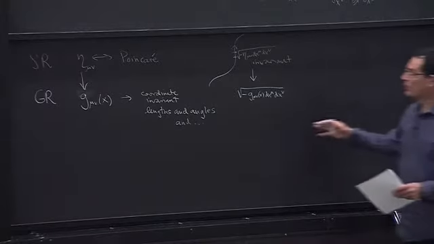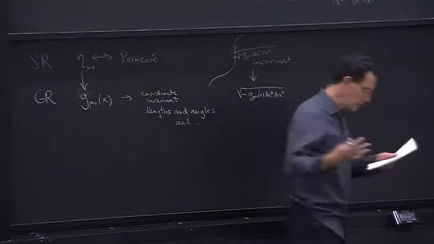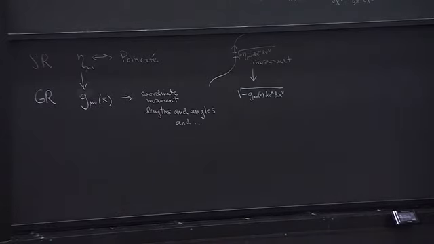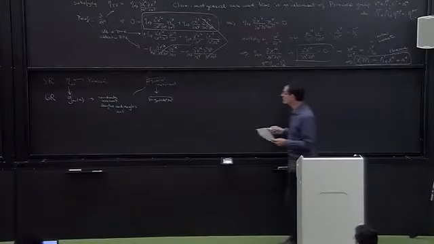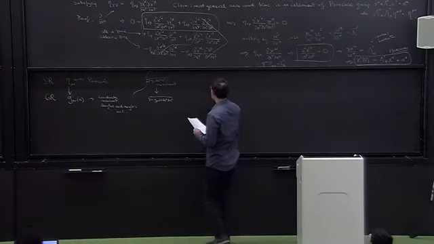Okay, so we want to go from eta to g. Well, how should g transform under coordinate transformations? And the idea is just to generalize this.